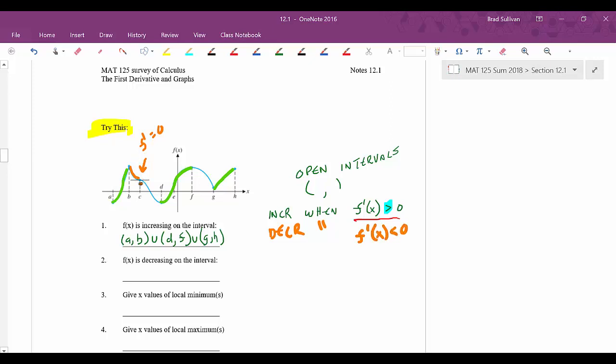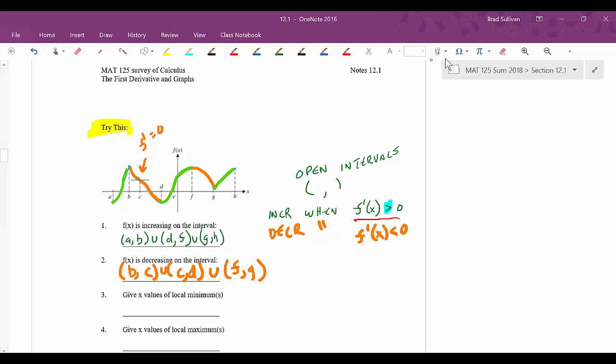The derivative can't be 0. So you exclude that point and then go there. You would name this interval as b to c, then start over and go c to d, because the derivative is 0 right there. The tangent line has a slope of 0. And the only other place you'd be decreasing would be from f to g. Okay, so that takes care of that.